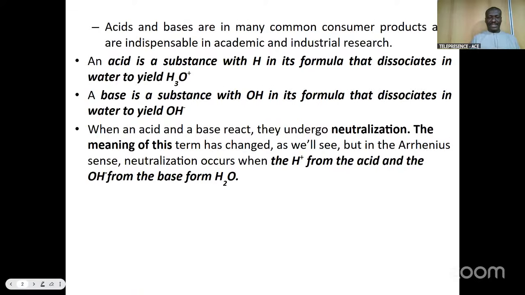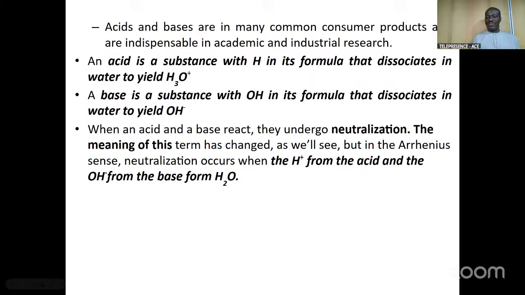Like I said, acids and bases in many common consumer products are indispensable for both academic and industrial research. Like we all know from Arrhenius' definition, an acid is a substance with hydrogen in its formula and dissociates in water to yield hydroxonium ion.